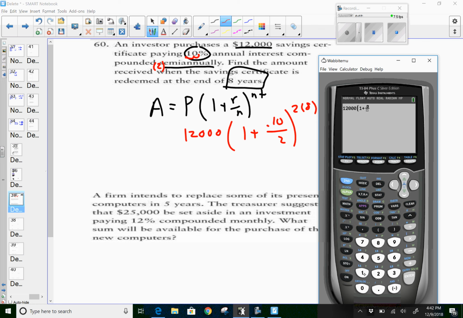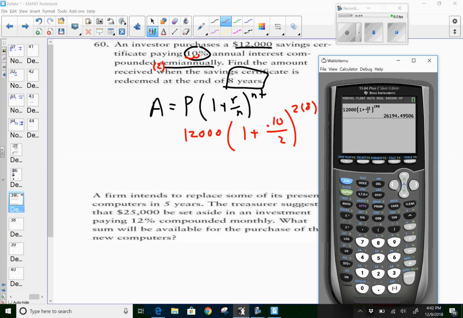So 0.10 divided by 2. I close my parentheses, and that's raised to the 2 times 8 power. I hit enter, and this is the amount that I have, 26,194. Find the amount received when the savings certificate is redeemed.